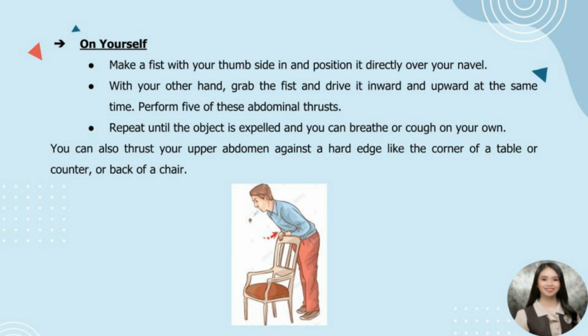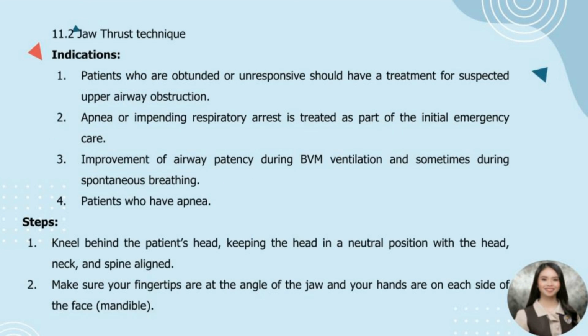Then repeat until the object is expelled and you can breathe or cough on your own. You can also thrust your upper abdomen against a hard edge like the corner of a table or counter or back of a chair. So just like in this picture, you can do this if you're choking and nobody's with you. Now let's move on to the second technique.